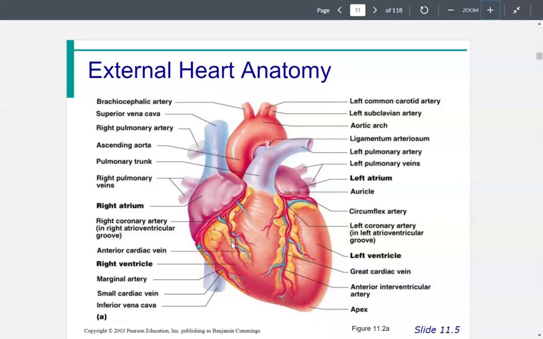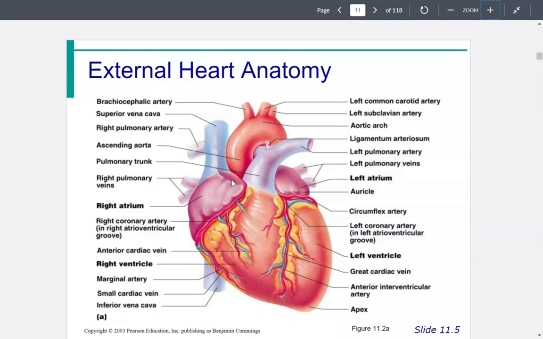And then the blue is the coronary veins, which are going to bring the waste products back into the cardiovascular system over here, so it can be recycled and get rid of its waste and pick up oxygen. So here we have the aortic arch.